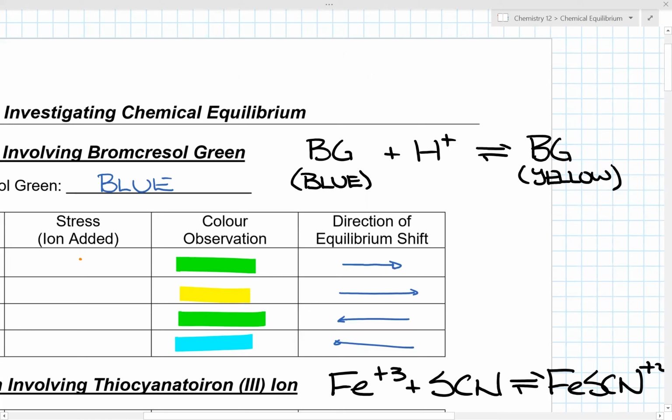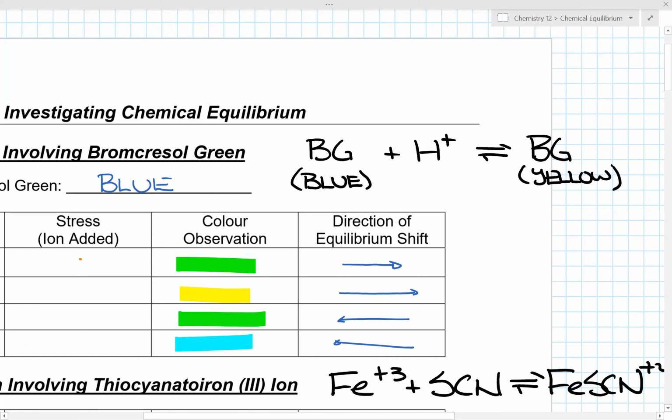Does that make sense? If you started with blue and it went to green, does that mean you're going more towards blue or more towards yellow? More towards yellow. And then you went from green to yellow, so that's even more in that direction. You good with that? Okay.